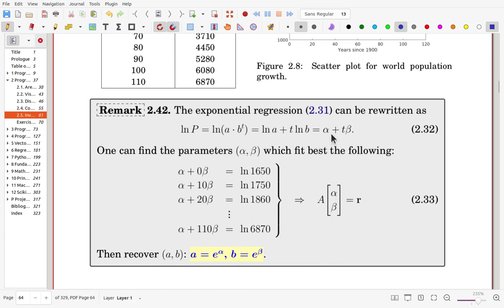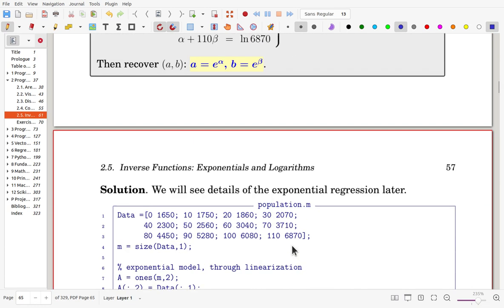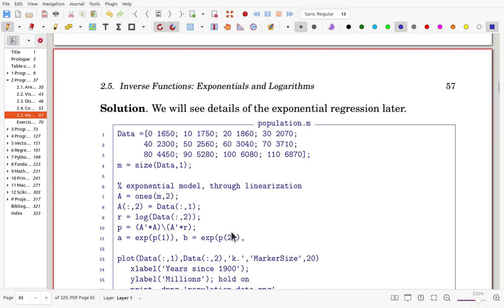Here alpha is the logarithm of A, so A is the exponential of alpha, and also B must be the exponential of beta, right? So we can do that. Here, let's see the program. Data is given, that is t values, and the second column is p values.